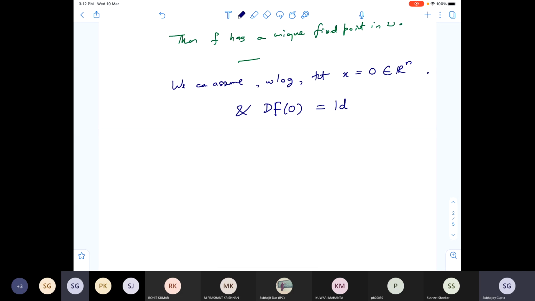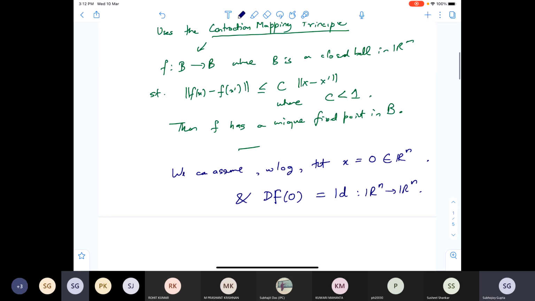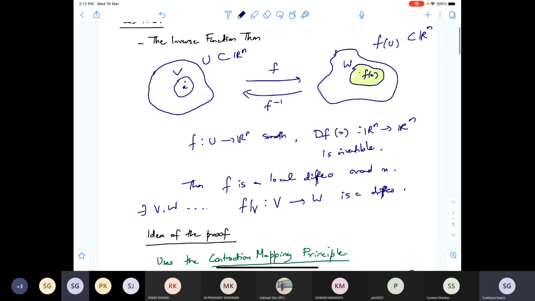So that's just the identity transformation, the identity map from Rn to Rn. How can we assume that? Well, we can do that by post-composing F. If you change F by a linear map, dF at 0 inverse, so we post-compose by some linear map of Rn to Rn, which is just given by this derivative inverse.